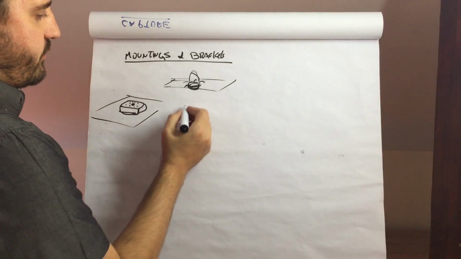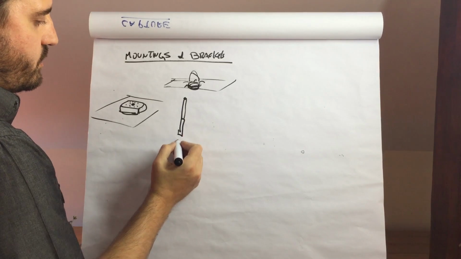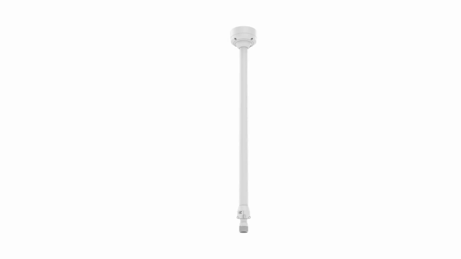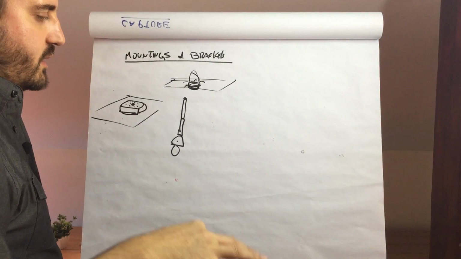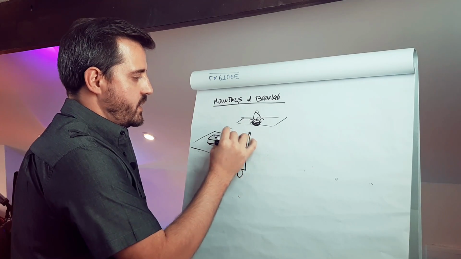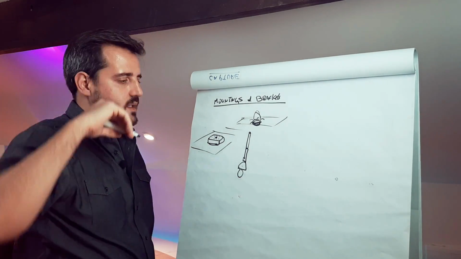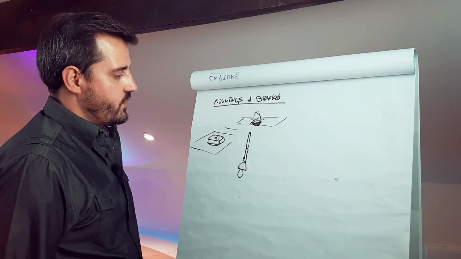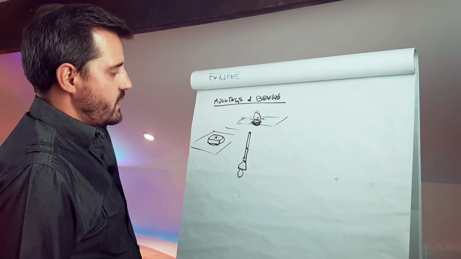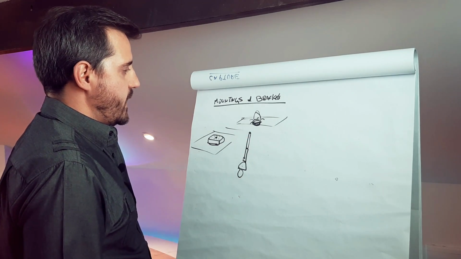For PTZs, we have extenders to be able to have the camera next to the scene that it needs to protect. If it's like some big supermarkets, that have a very high ceiling, you can have this type of extenders and mountings.